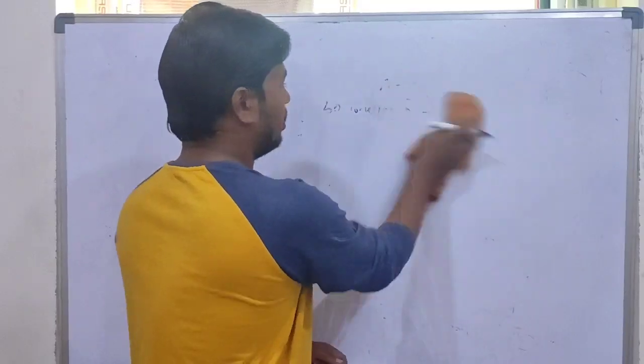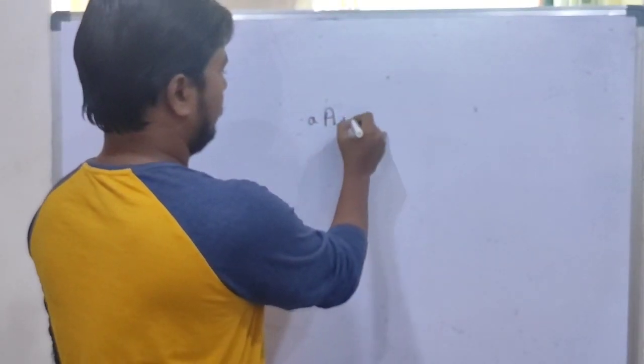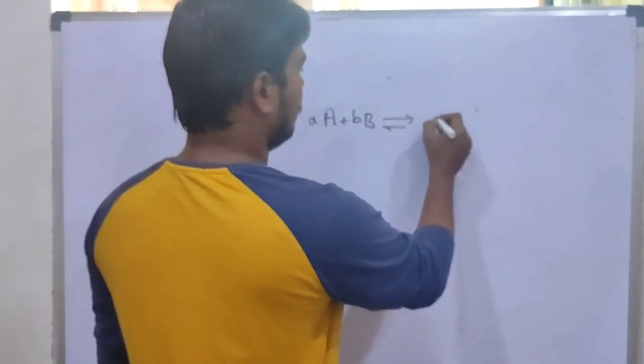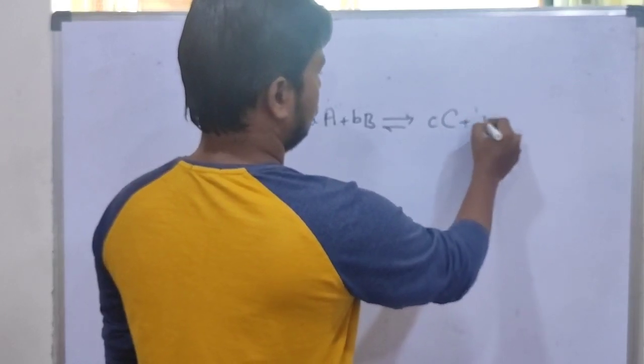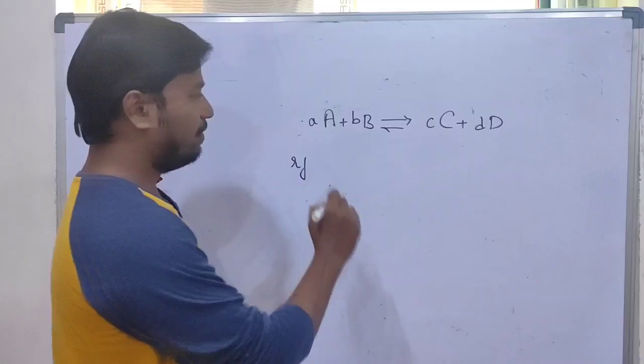Now consider a reaction aA plus bB in equilibrium with cC plus dD. What is the rate of the forward reaction?